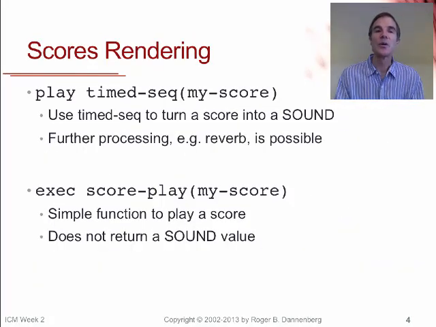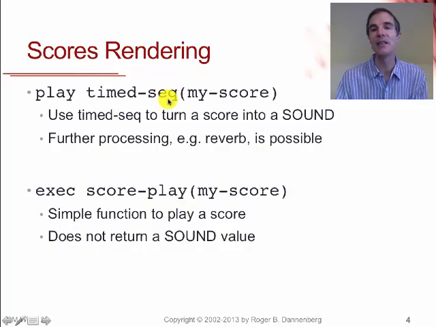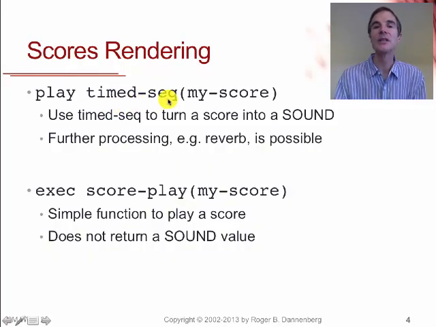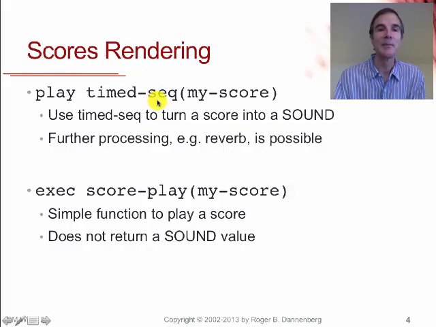How do we turn scores into sound? We call this rendering. And the function to do score rendering is called timed seq, short for timed sequence. So the function name is referring to the fact that the score is really a sequence of sound events with times, and that's what timed seq expects.